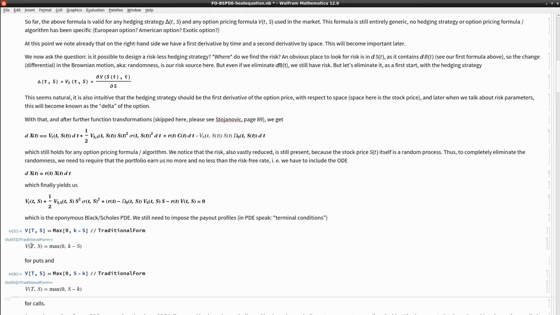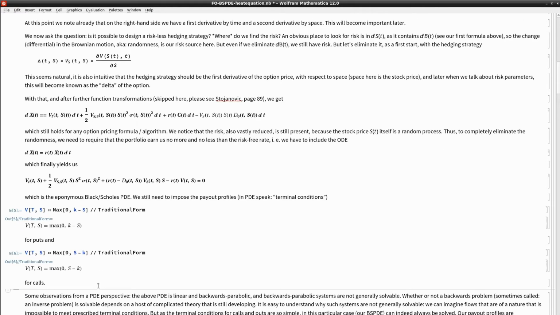We use capital T for the expiration. So these are the terminal conditions that we have for call and put options, right? That's the maximum of 0 and K, the strike price minus the stock price for the puts, and for the calls it's the maximum of the difference between S, the stock price, and the strike, and 0.